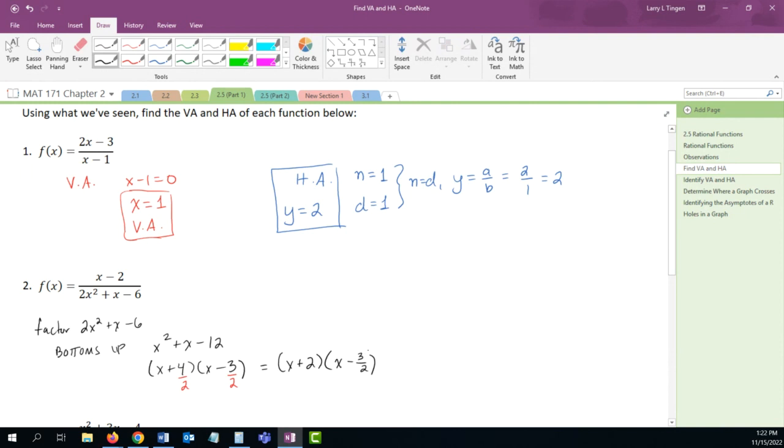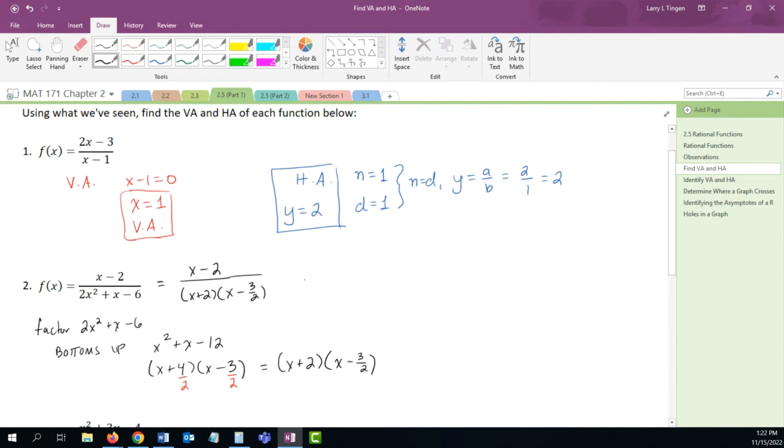If you want to write it as 2x minus 3, you can, but I don't think it's necessary. So what did I do all that work for? Why is this, what did I get out of this? Well, now I have x minus 2 over x plus 2 times x minus 3 over 2.